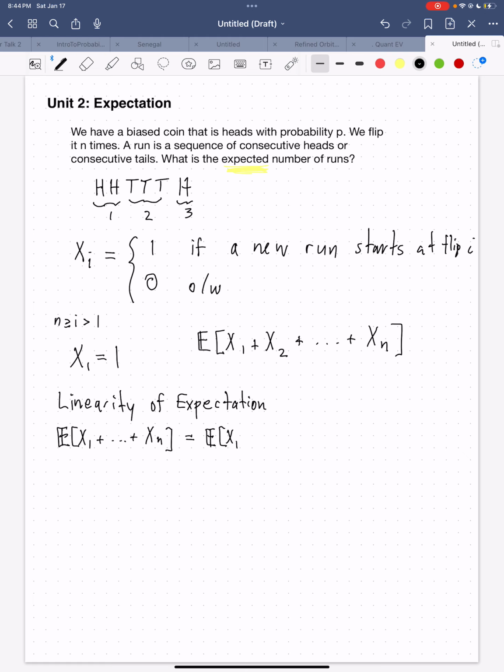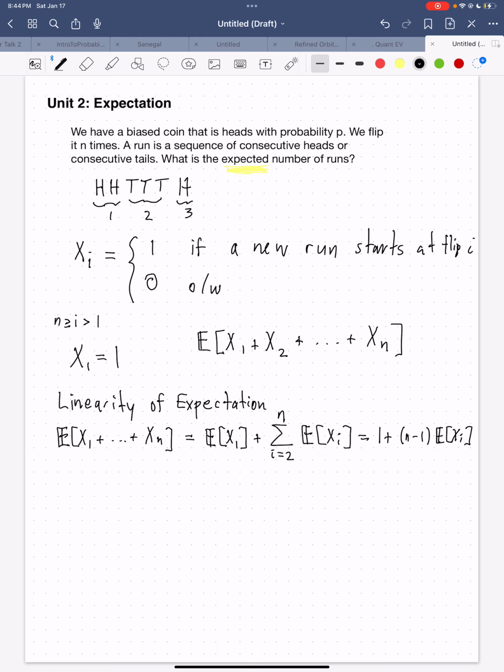And since X1 is a little different, I'll keep it separate from the others. And then we get the following. Okay. And then we note that this is just 1 plus n minus 1 times the expectation of Xi, because the expectations of Xi are all the same.